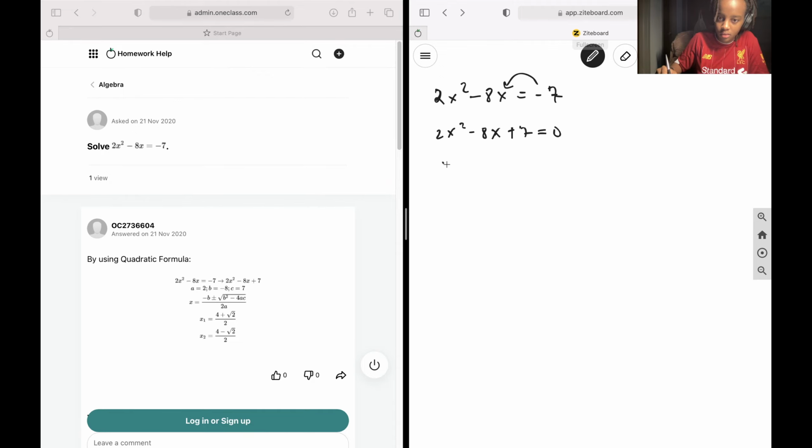just one moment. And 8 over 4 is 2 plus, and then 2 root 2 over 4 is root 2 over 2, so x1 is 2 plus root 2 over 2, and x2 would be 2 minus root 2 over 2.